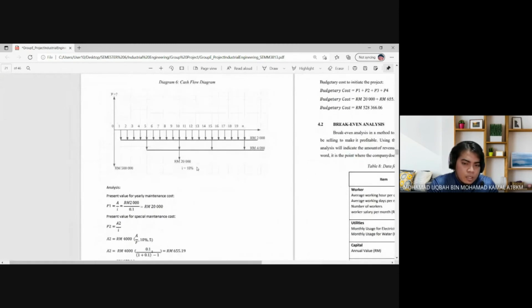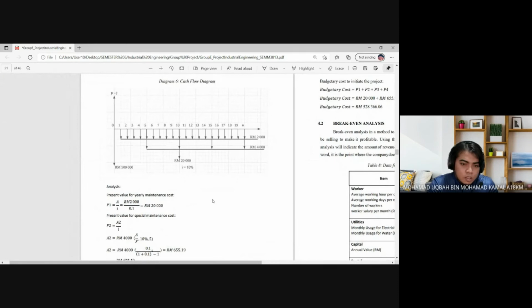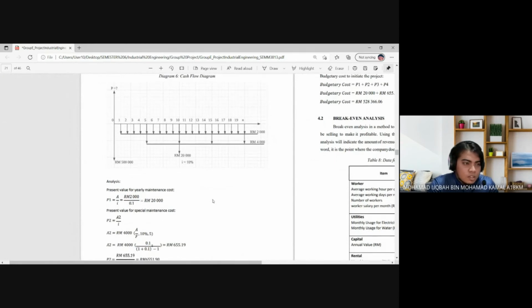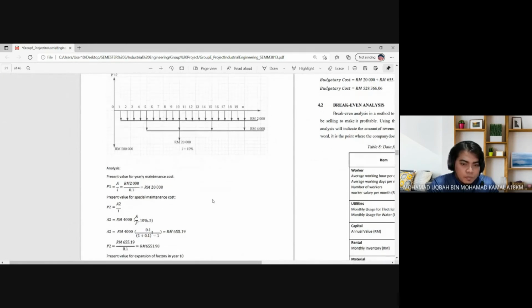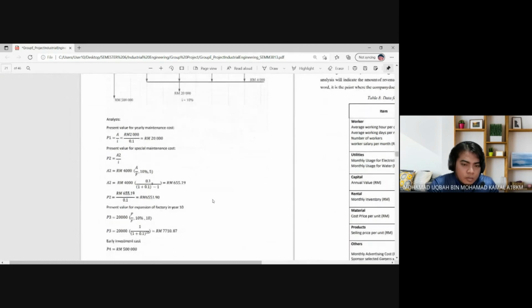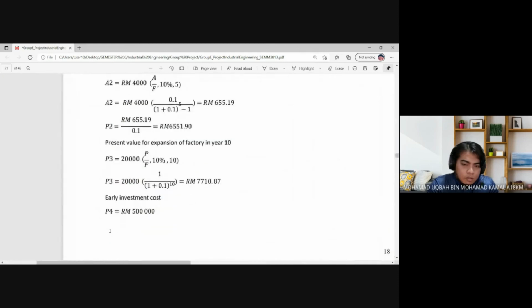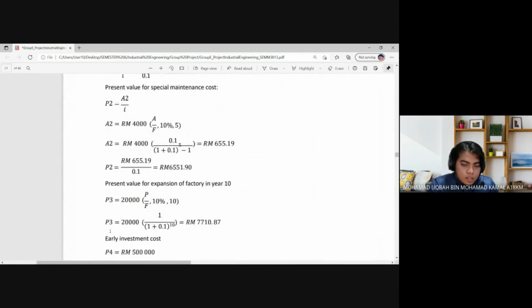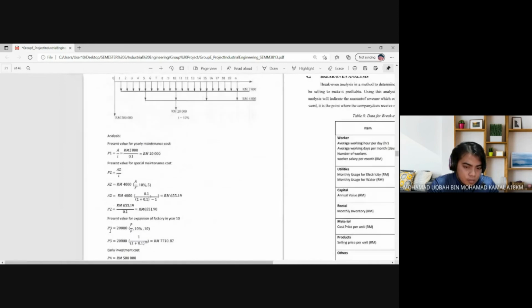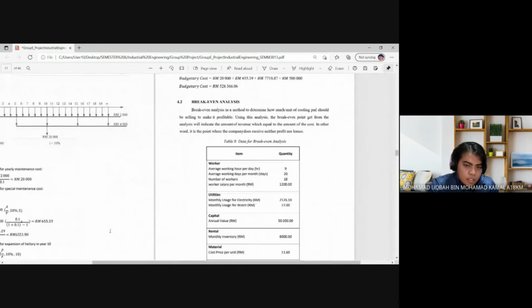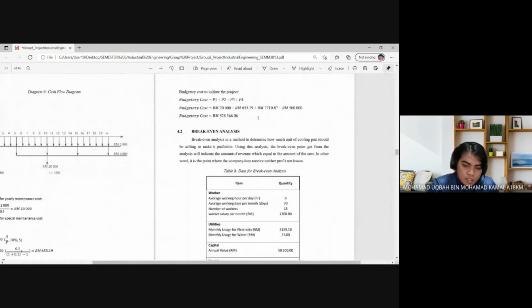When we apply the concept of engineering economy in calculation, you can see the cash flow diagram. The required budgetary cost of the project is 528,366.06 ringgit.